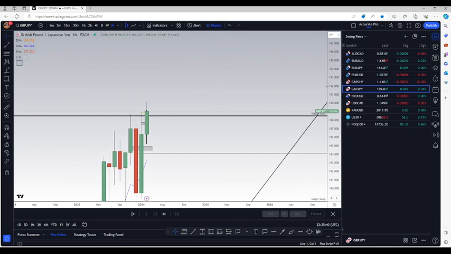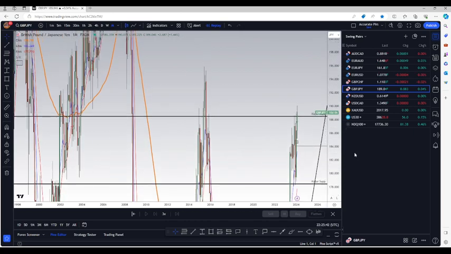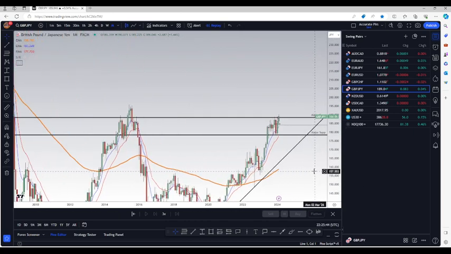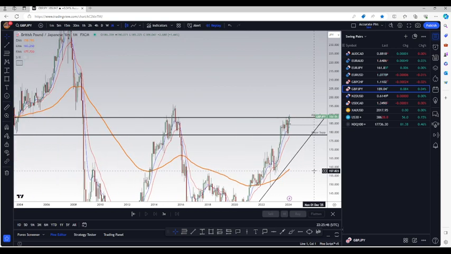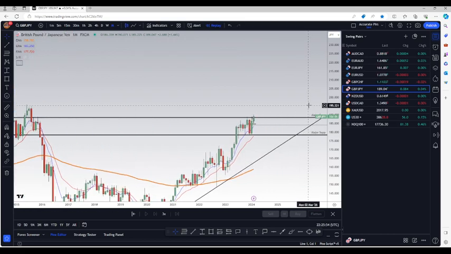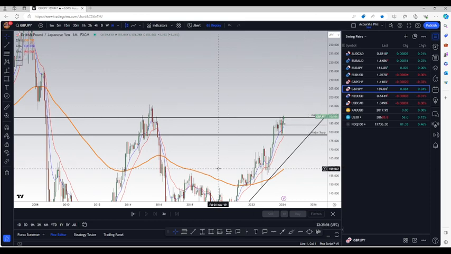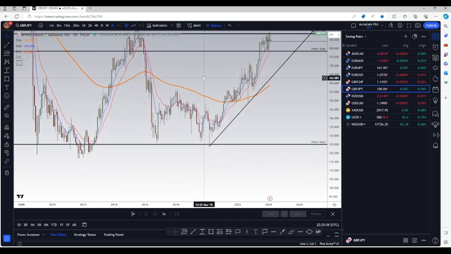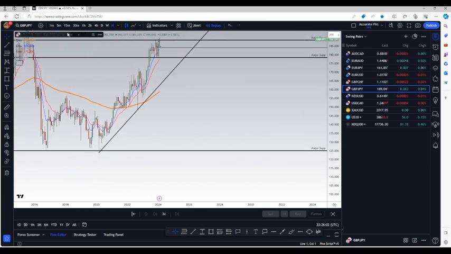Our next major resistance level is, wow, it's definitely 500 pips away. Cool.